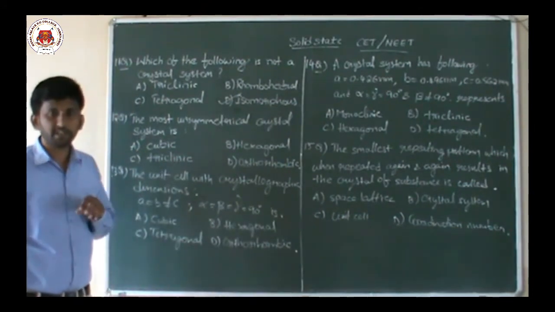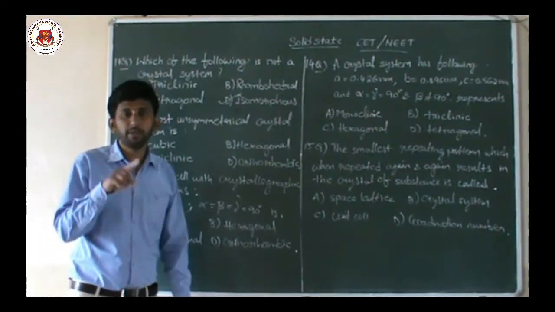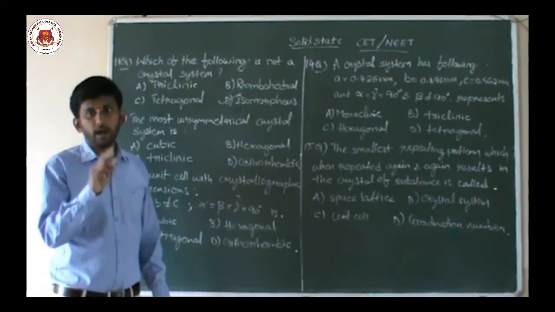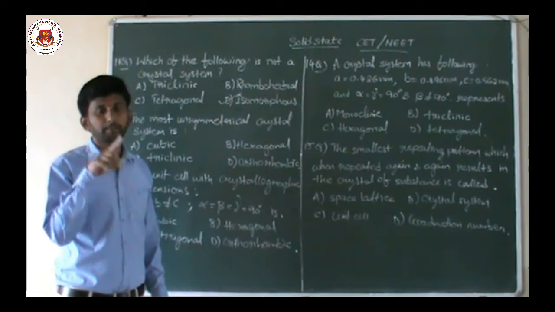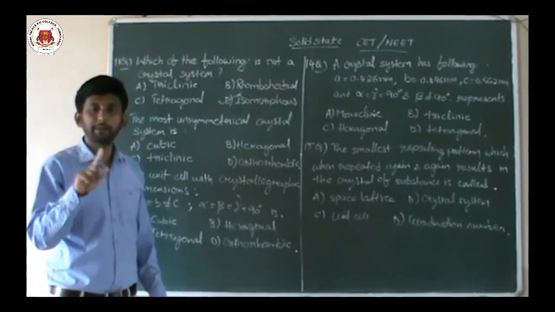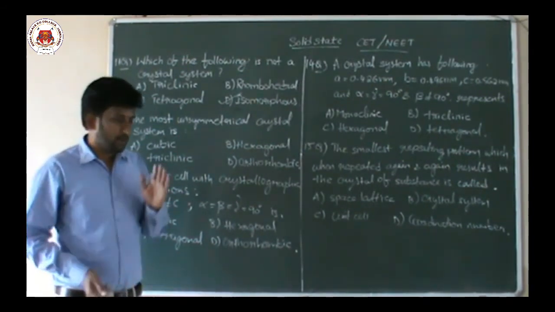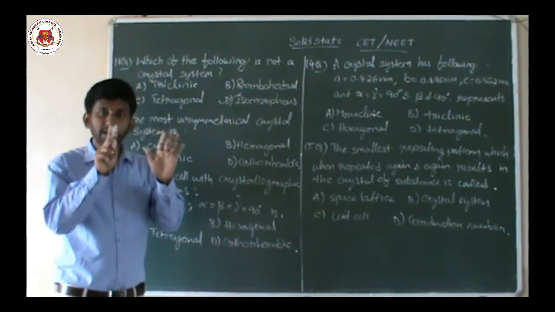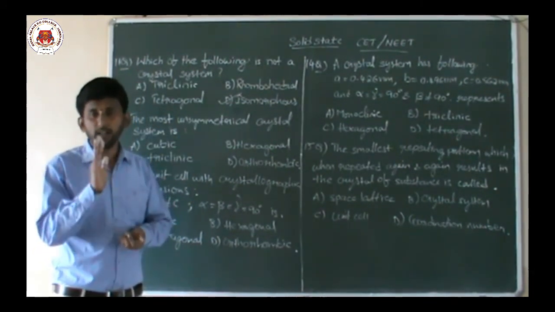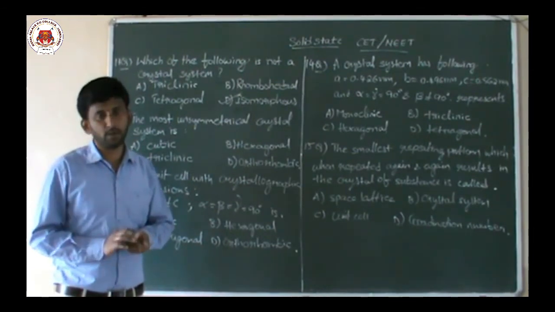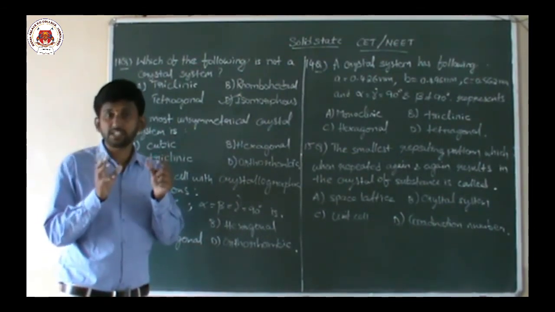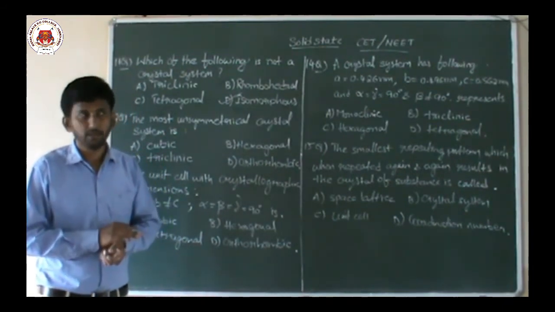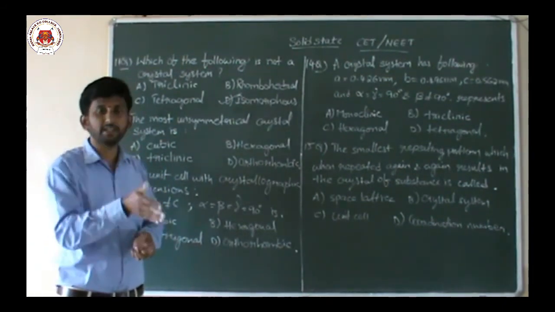Cubic crystal. In cubic crystal, A will be equal to B, B equal to C, alpha equal to beta, beta equal to gamma, gamma equal to 90 degrees. What does that mean? All sides are equal, all the bond angles are equal. When all sides and all bond angles are equal, then that crystal becomes a highly symmetrical crystal, right? All sides are equal, means you can make a number of symmetries in that.